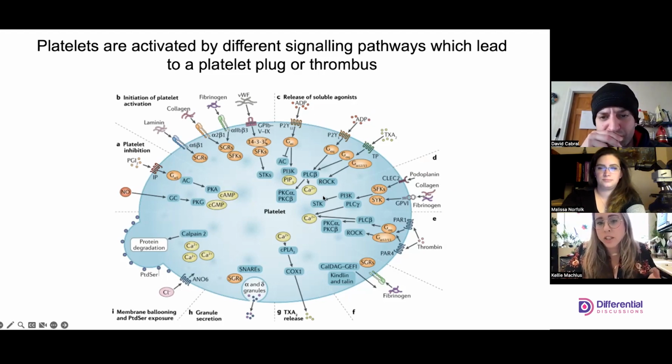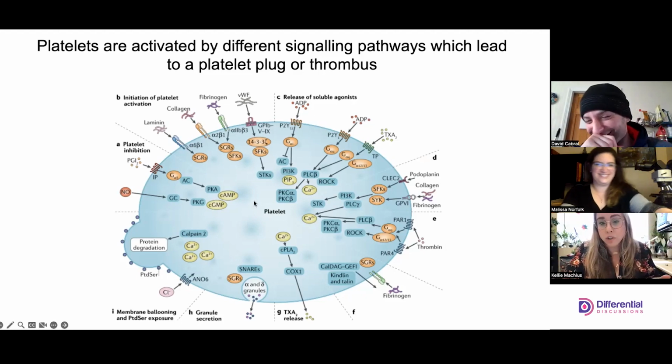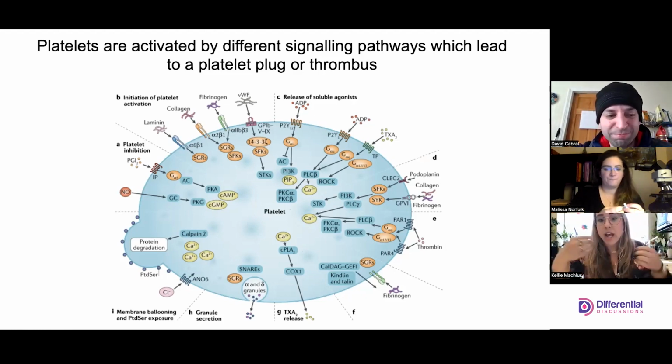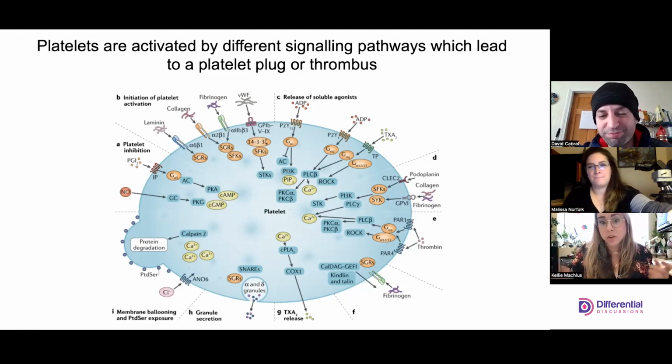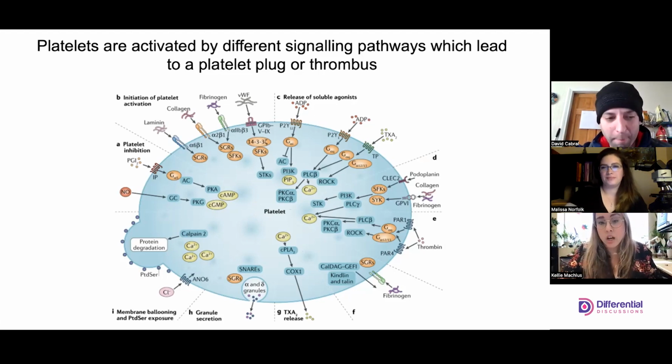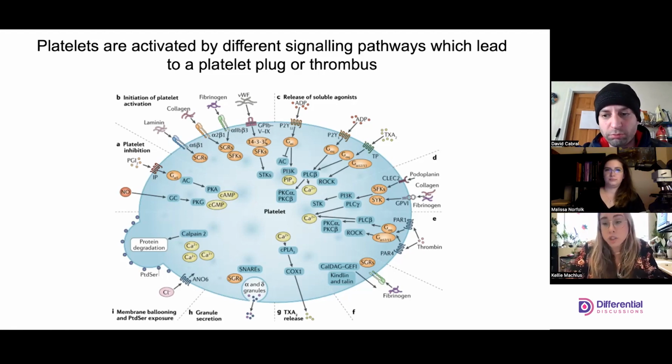And importantly, this looks complicated. It is. Honestly, I don't know very much about this platelet signaling. I'm always like, someone else can do that. But it all converges to similar things, which causes platelet activation and the release of all those granules, which then causes more platelet activation. Long story short, any activation of these receptors is an amplification pathway.